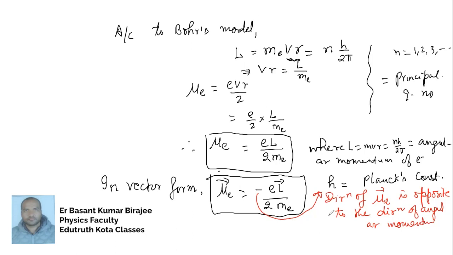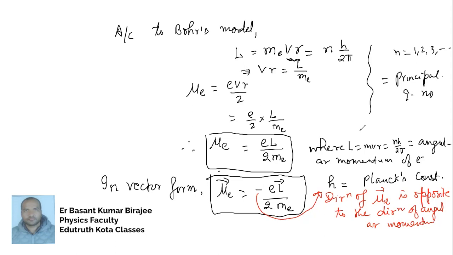Let's save this one. So we have also finished this topic. Let's try a few questions, and in the next class we'll study the galvanometer and its conversion into ammeter and voltmeter.